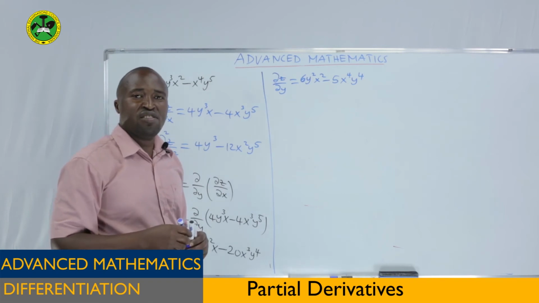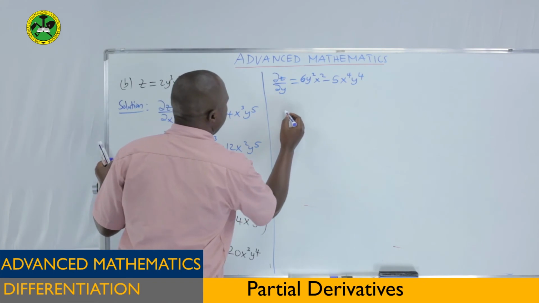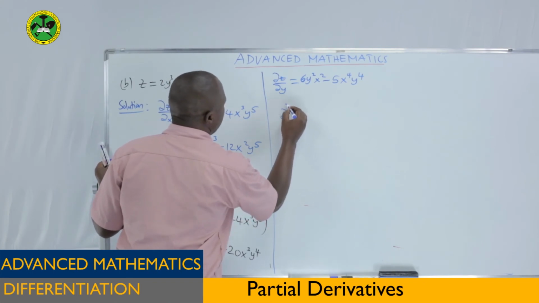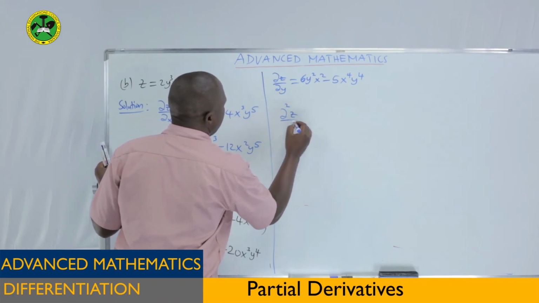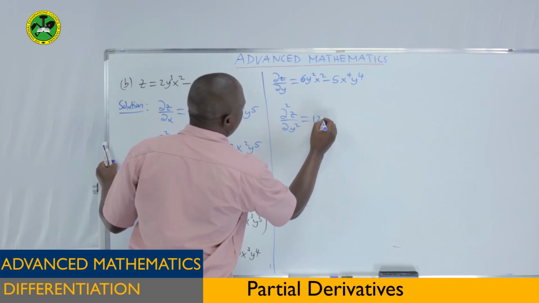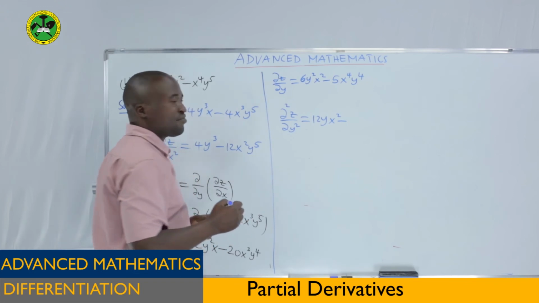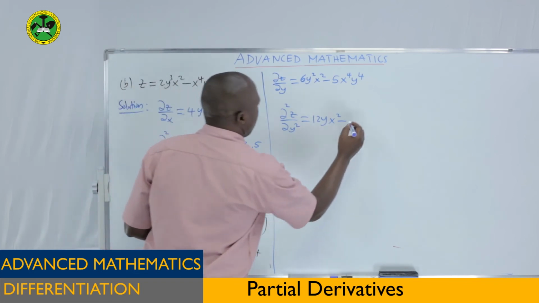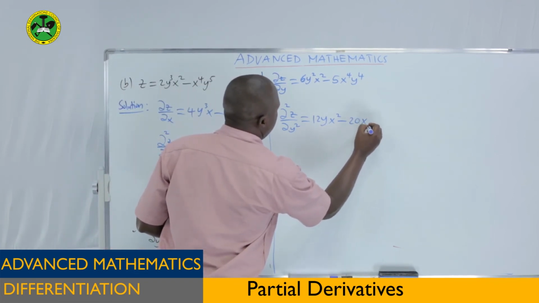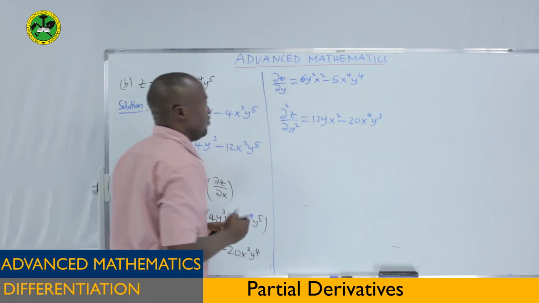For the case of second order partial derivative with respect to y, that is the second order partial derivative of z with respect to y, this one is equal to 12y x squared minus 20 x power 4 y power 3.